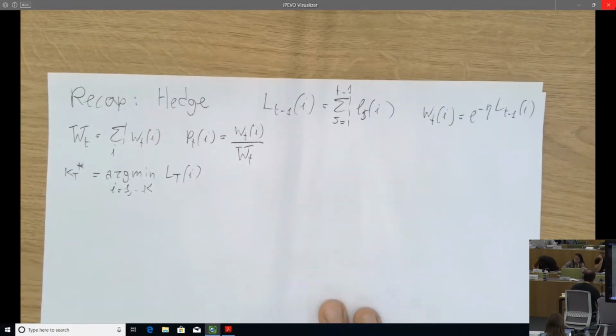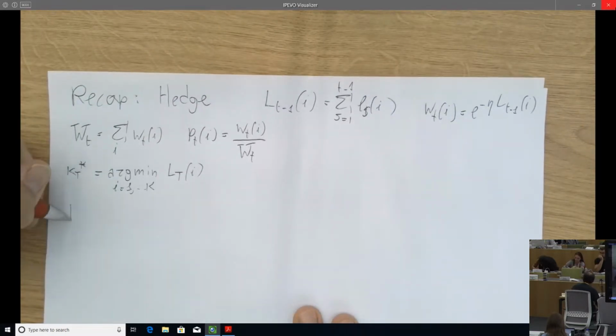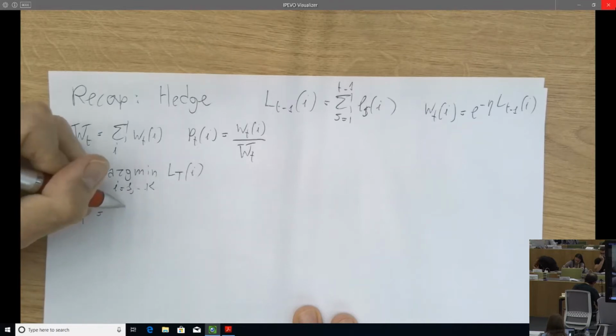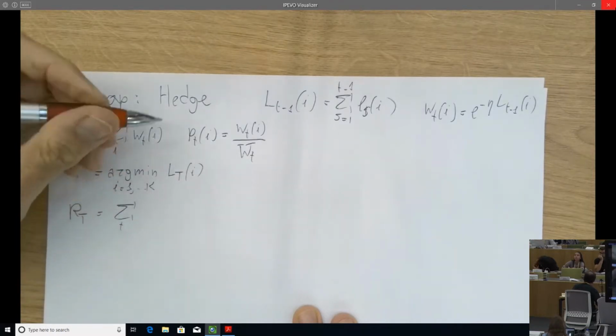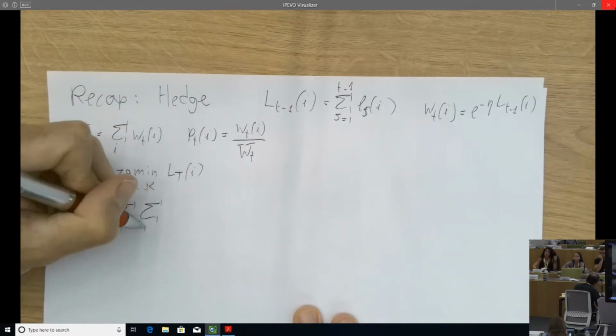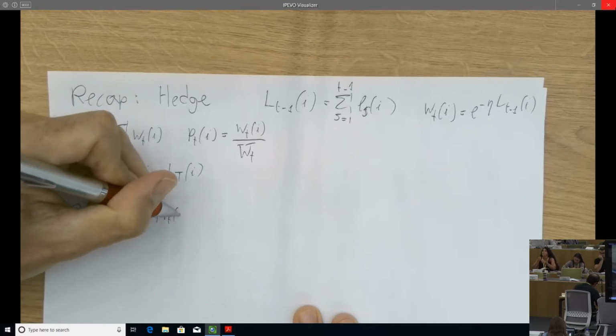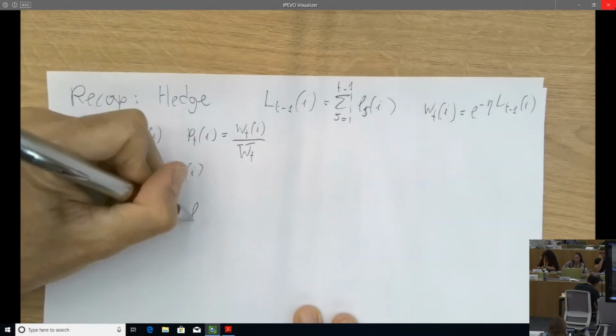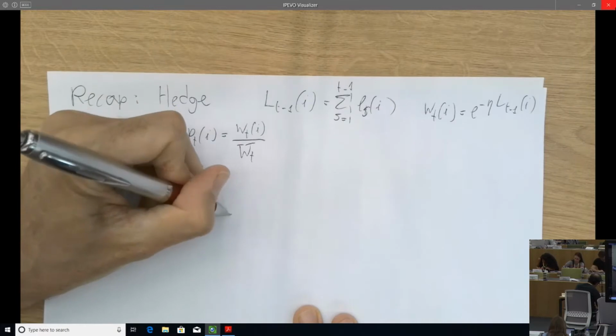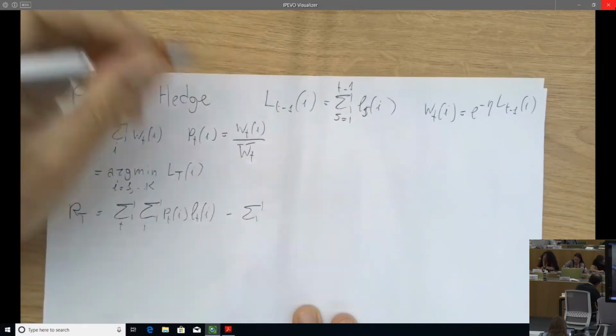We defined the regret as the sum over time, the sum over the actions of the probability of playing the action at time t times the loss of the action at time t, minus the cumulative loss of the best action.